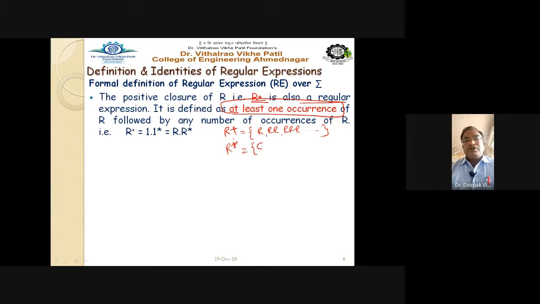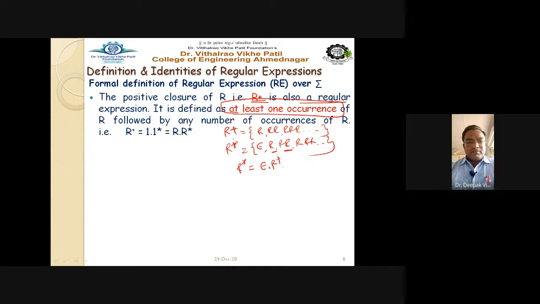So you can have epsilon, one occurrence, two occurrences, three occurrences of R. So I can write R star equal to epsilon plus R raised to plus.